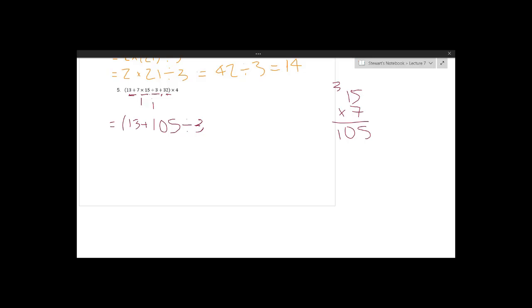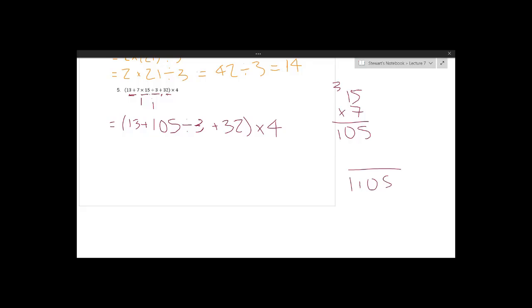So we have 13 plus 105 divided by 3 plus 32, times 4.